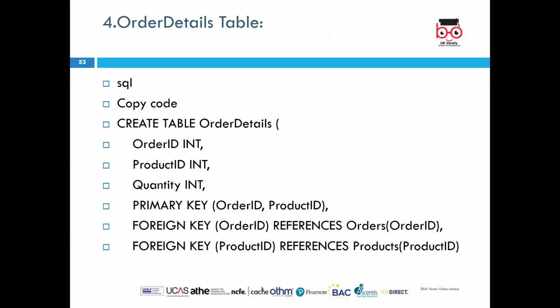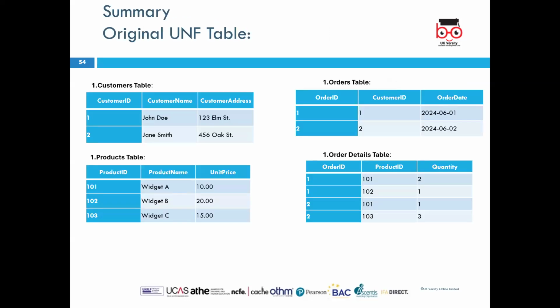Here is the code that we now require, and here is the summary of how our tables are going to look once we have normalized them and broken all the tables into smaller tables. So we have a customer table, order table, product table, and order details table.